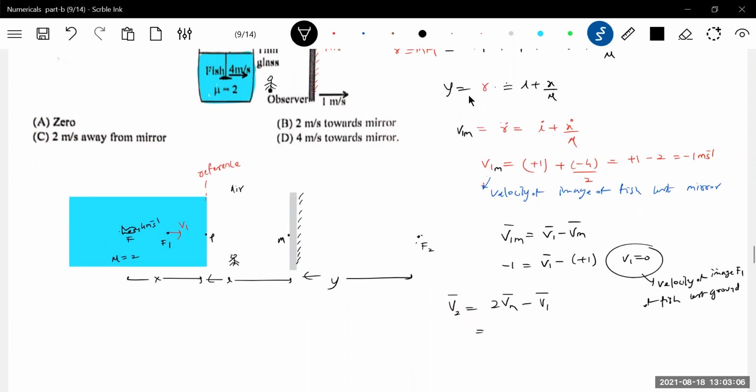I'll use this formula. Velocity of mirror is plus 1. Velocity of this with respect to ground will be 0. So I am getting 2 meter per second. So this positive means away from the mirror.